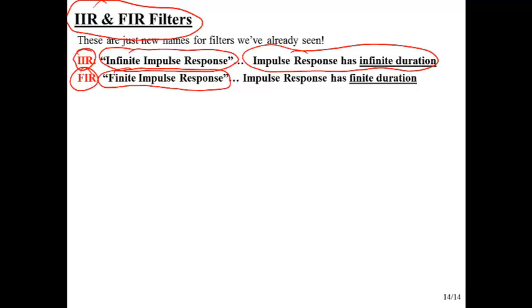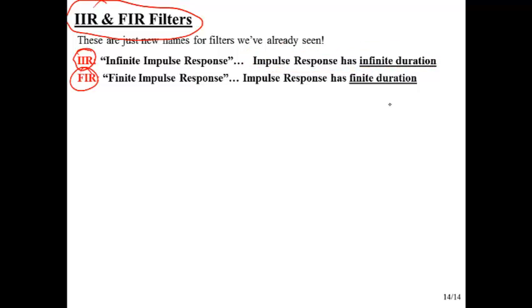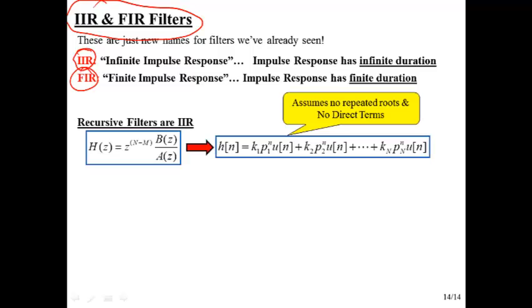Once you hit it with that impulse function, the impulse response just kind of rings like a bell, but rings forever. Whereas with an FIR filter, you hit it with the impulse function, and the impulse response starts to do something, and then bam, it goes identically to 0 and stays at 0 for forevermore. So recursive filters are IIR filters.